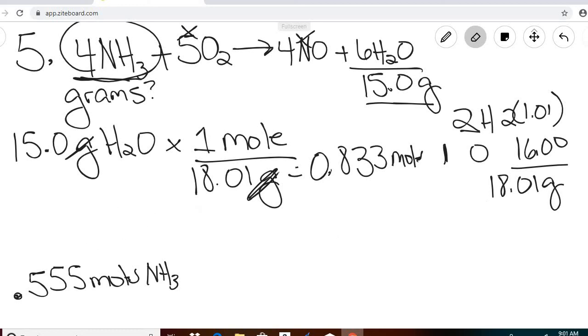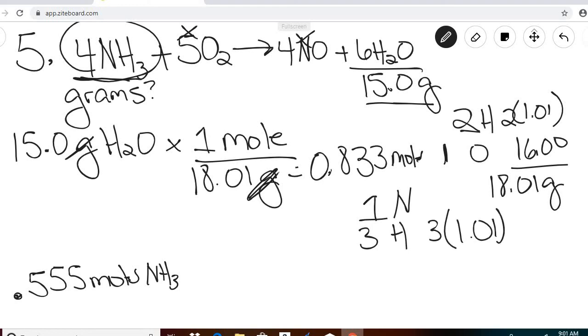Then we look at our periodic chart, and NH3 is 1 nitrogen and 3 hydrogens. So it's going to be 3 times 1.01, and the nitrogen is 14.01. So it's going to be 17.04 grams in 1 mole.